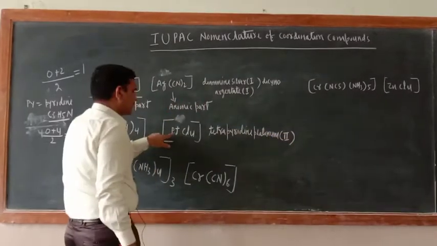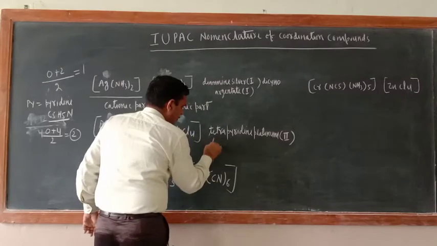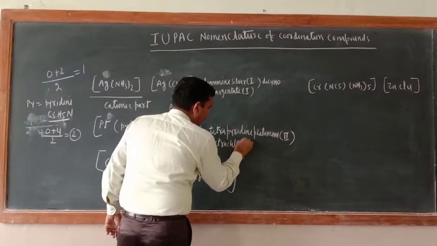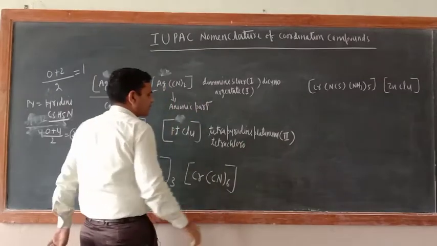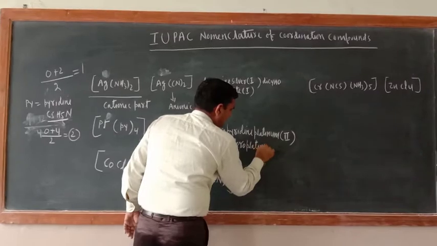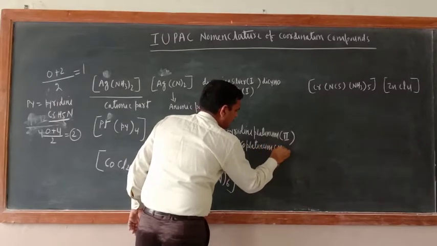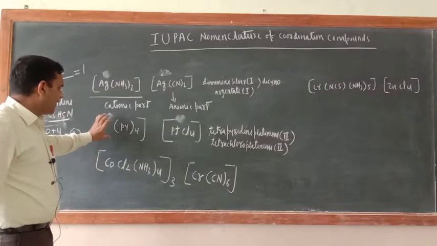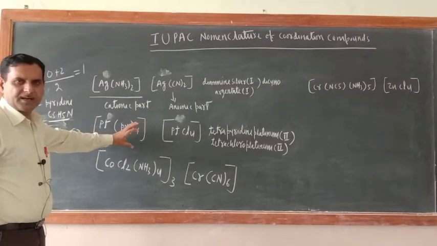Then this one, chloro or chlorido, again platinum, second. No problem. The remaining rules are the same, only the oxidation state is the matter here.